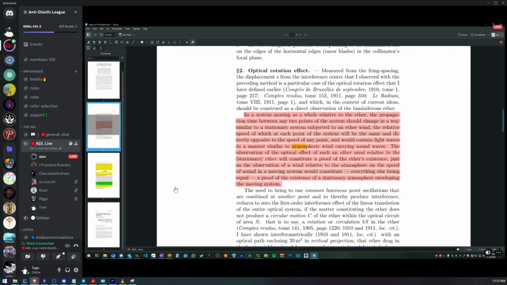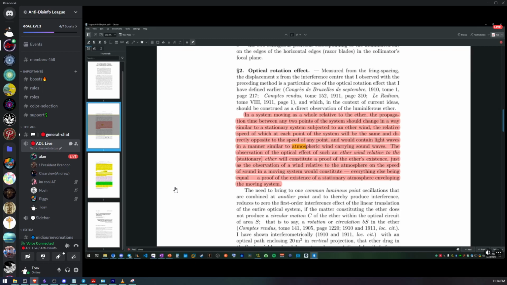In a moving system as a whole relative to the ether, the propagating time between any two points of the system should change in a way similar to a stationary system subjected to the ether wind, the speed of which at each point of the system will be the same and directly opposite of the speed at any point, and would carry light waves in a manner similar to an atmospheric wind carrying sound waves.